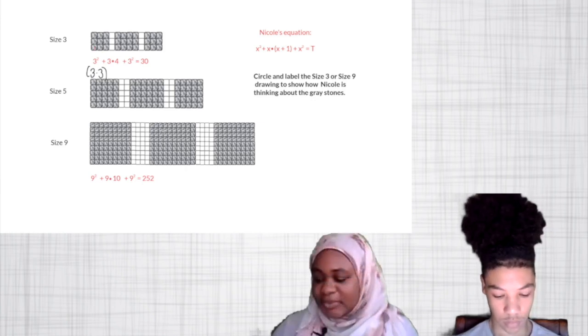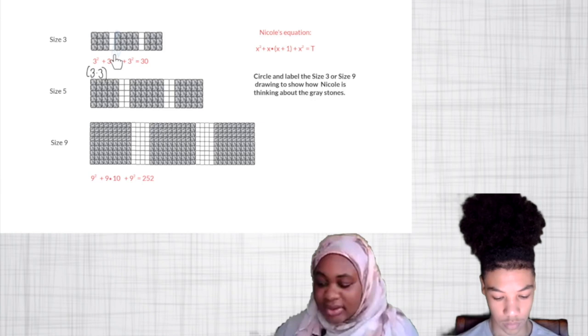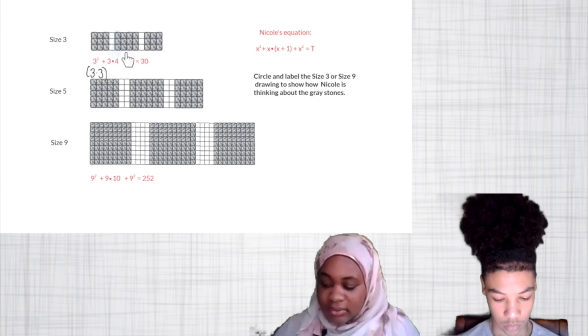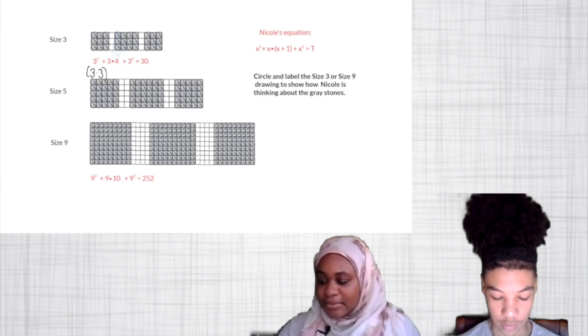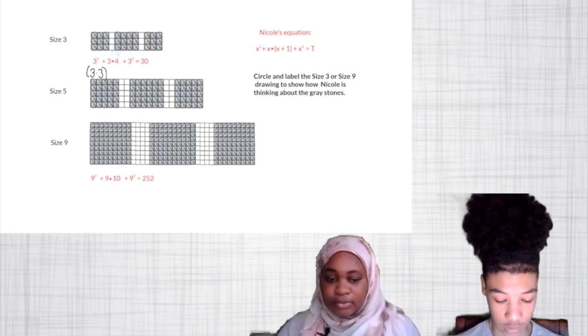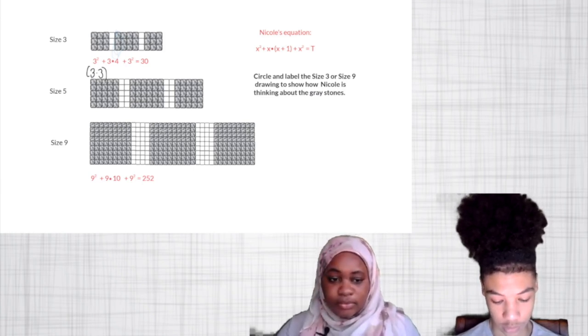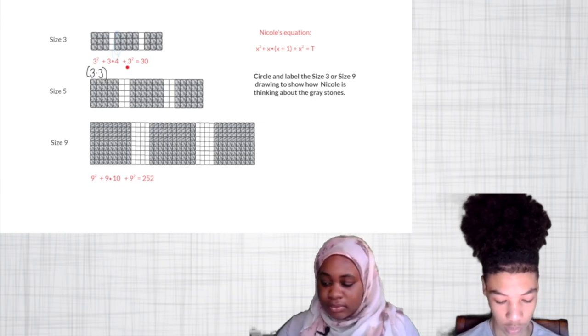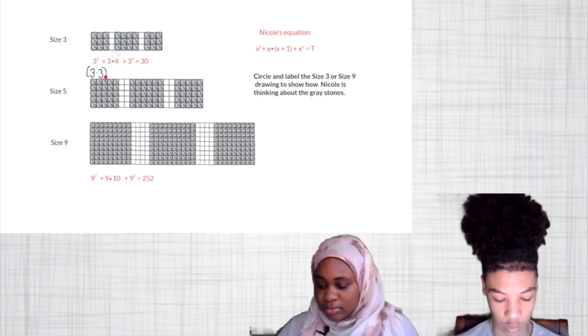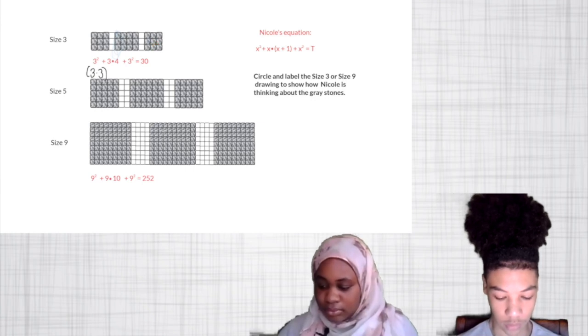So I noticed the 3 times 4 is the column right here of 3 tiles and the row of 4 stones right there. And I see what happens with the first section happens with the third section with the 3 squared, which is going to be 3 times 3. And that's going to be right here.